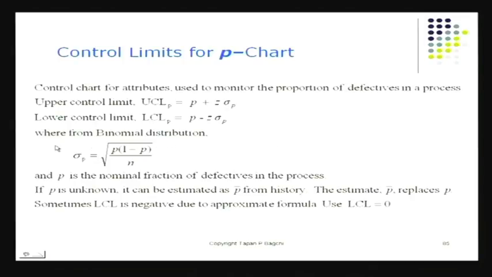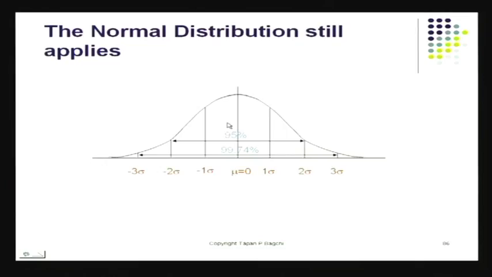In some cases, because there is a negative value there, it's possible the lower control limit may turn out to be negative. And of course, defects can't be negative, so we make this equal to 0. If this quantity is negative, the convention is to make it equal to 0.